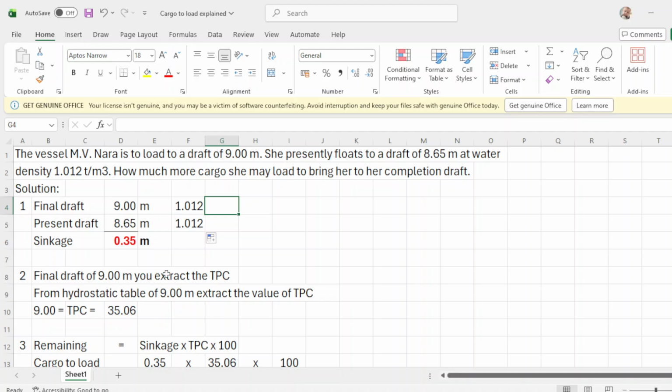Okay, because as usual practice, from initial drop, loading the additional cargo until completion, the density would always be the same. It will never change, because this will only take a matter of, let's say, 25 minutes, 30 minutes, or 45 minutes, whatever.